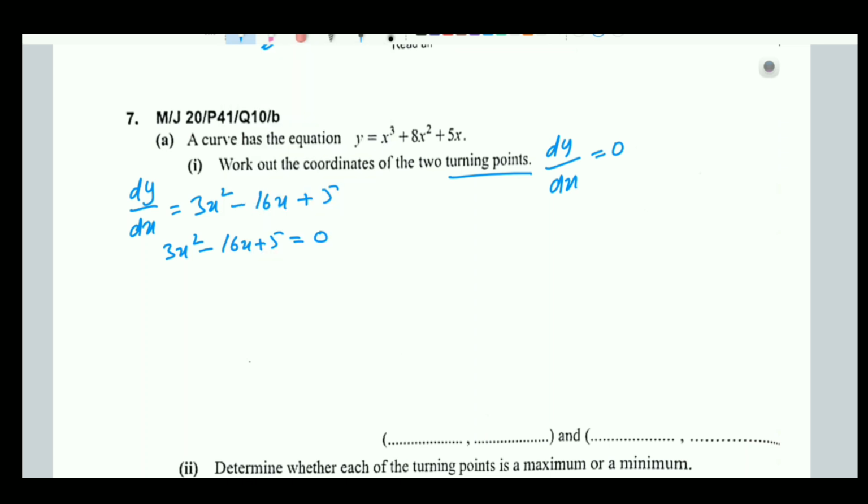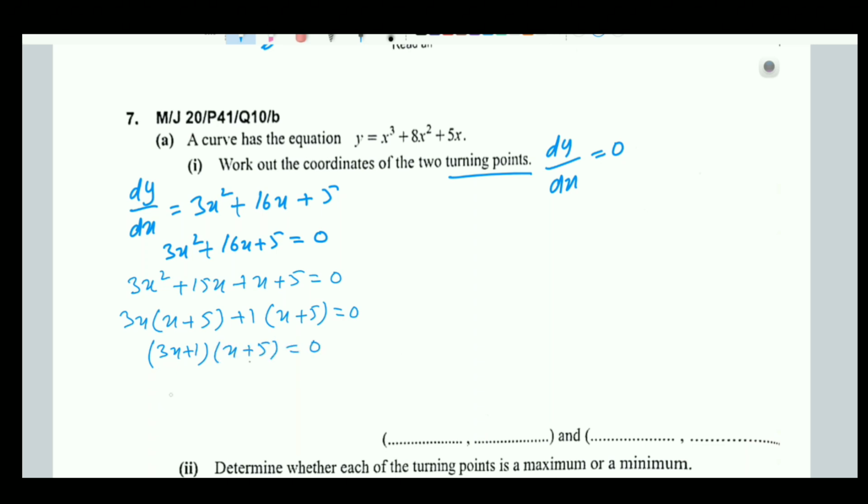After that you have to factorize, 5 times 3 is 15, and by mid-term breaking it is 3x square minus 15x minus x plus 5 is equal to 0. 3x common, x minus 5, minus 1 common, x minus 5 is equal to 0. 3x minus 1, x minus 5 is equal to 0.